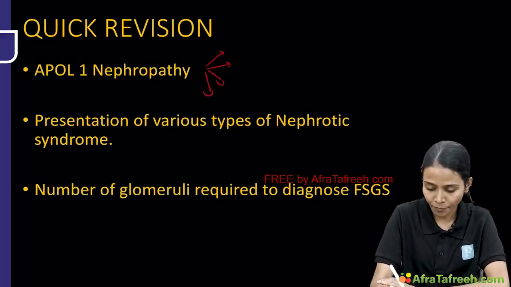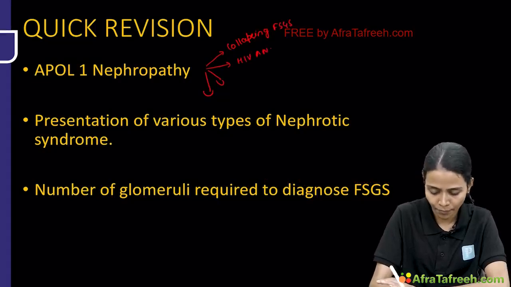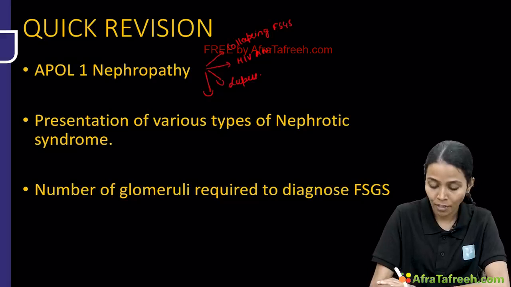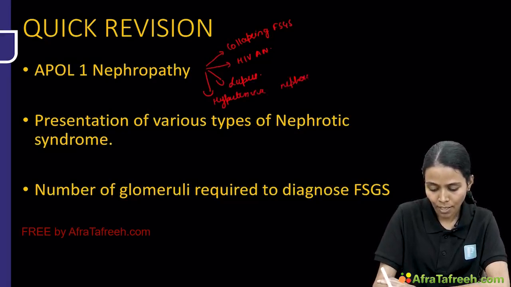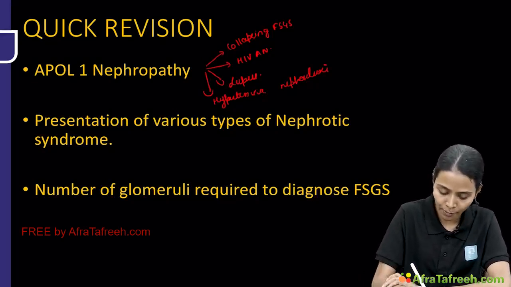One is collapsing FSGS. Second one is HIVAN or HIV associated nephropathy. Third is lupus podocytopathy. And fourth is chronic hypertensive nephrosclerosis.